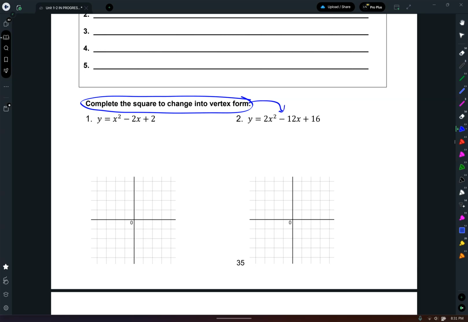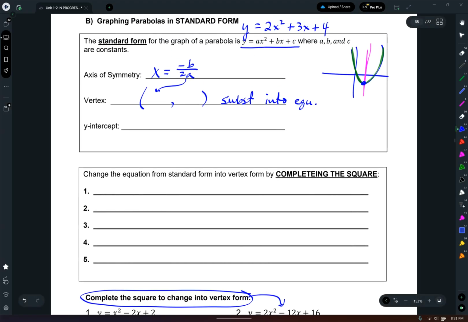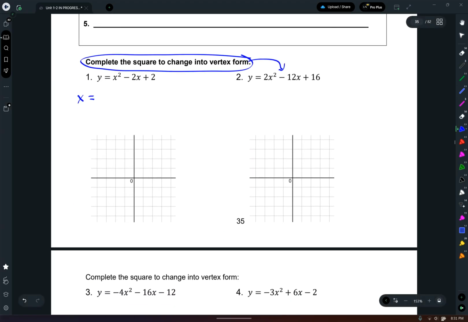Okay, so the axis of symmetry is going to be x equals, so the b number is -2, so the formula says -b. So I'm going to say +2 over the a number is 1. So the axis of symmetry is x equals 2. So right here is the imaginary line that's going down through the middle of the parabola.